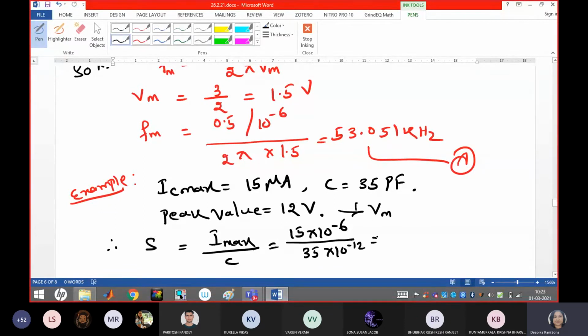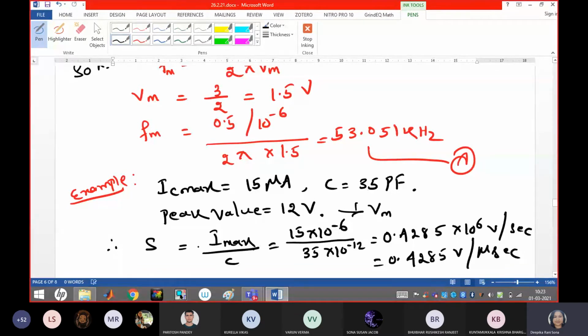The answer is 0.4285 into 10 to the 6 volt per second or 0.4285 volt per microsecond.